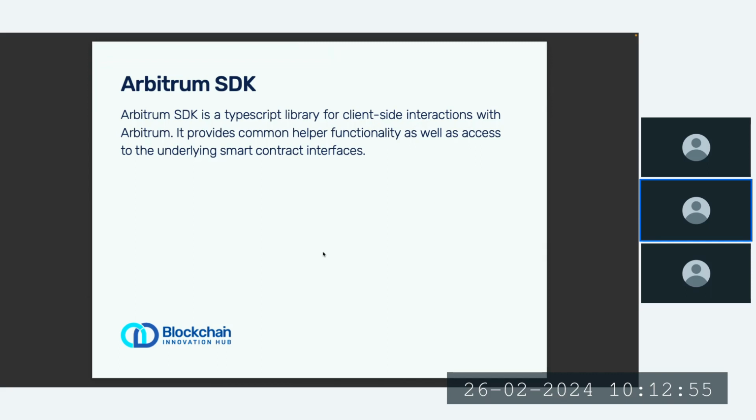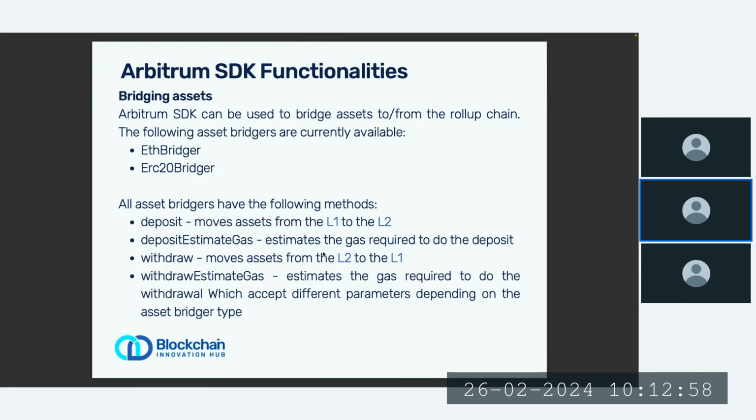Firstly, we'll be looking at bridging assets, which is part of the functionalities of this Arbitrum SDK. The Arbitrum SDK can be used to bridge assets to and from the rollup chain. These asset bridgers are currently available: the ETH bridger and the ERC20 bridger.